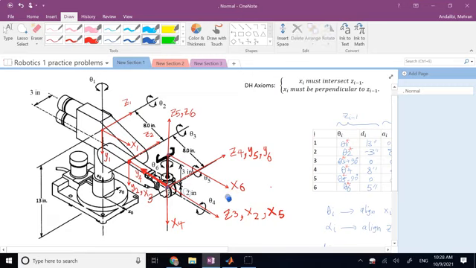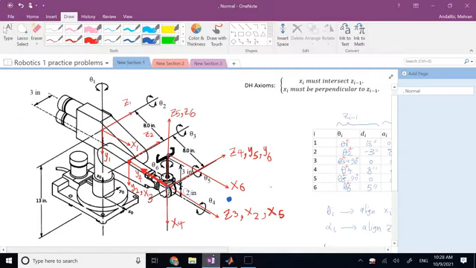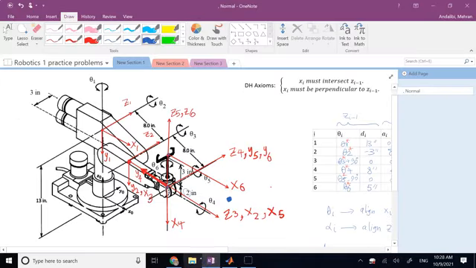Okay, this is where the end effector is going to be, and then the x of the end effector, x of 6, is going to be what? It's going to be mostly along z of the base. So the x6 is going to be mostly aligned with z0. Let's look at z6. Z6 is mostly aligned with x0, right? So this is x0. Z6 is going to be mostly aligned with that.